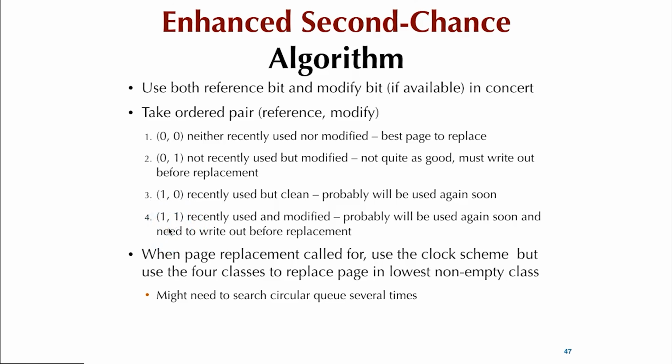Why? Because it's recently used and it's modified. And by the principle of locality, what does that mean? That means it's likely to be modified again or accessed again. The 0, 1 is preferred for replacement. That's because it's not recently used but modified, and so the priority here is biased towards recent use.